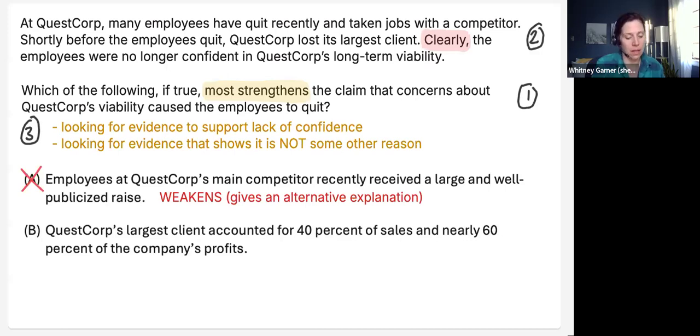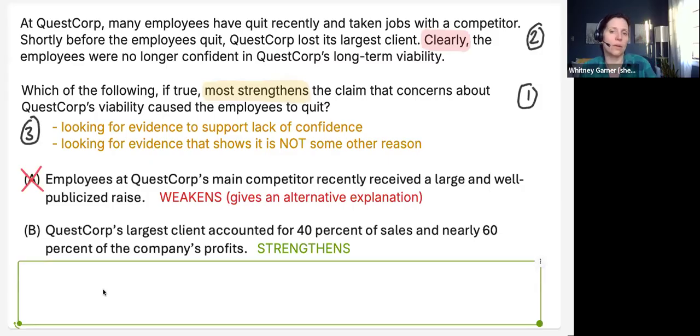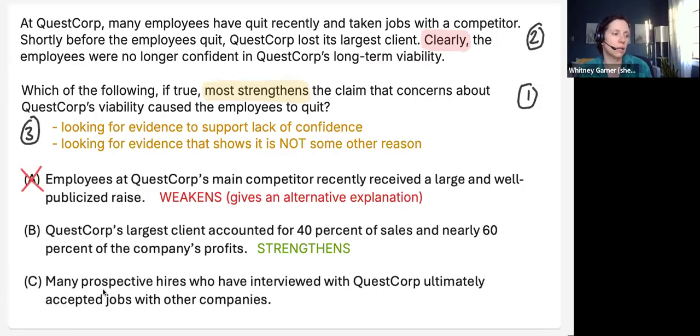I love the way you say that, Isabella. It strengthens by counteracting the, well, it's just one client. Well, what if that one client is basically all of our revenue? 60% of our profits go into one client that we just lost. So this one feels pretty good, but we do need to evaluate the last answer choice just to check.